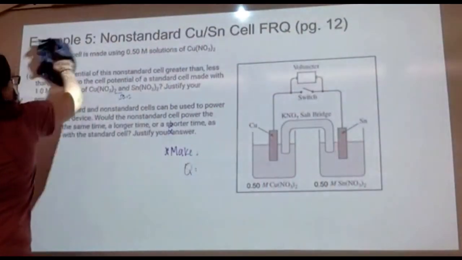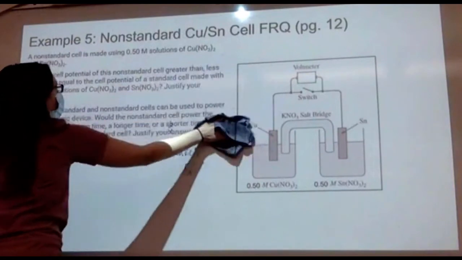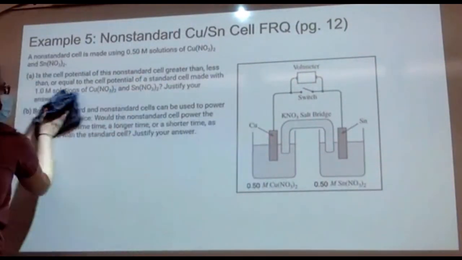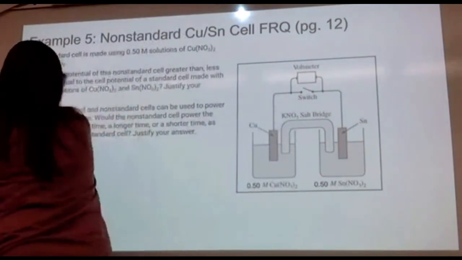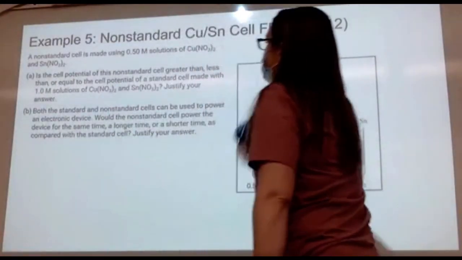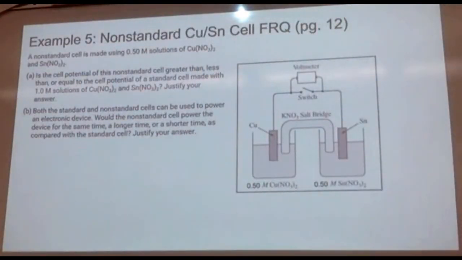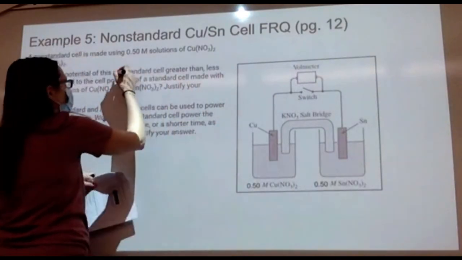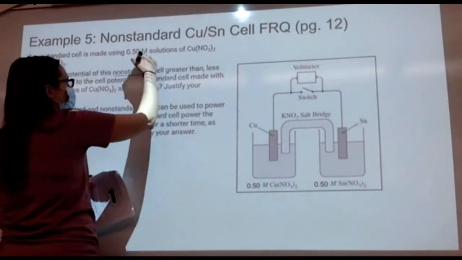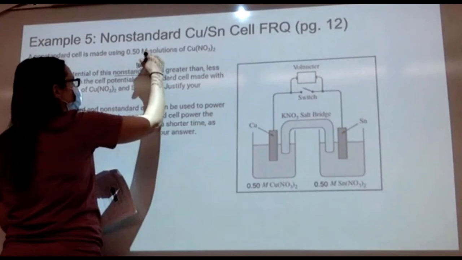A non-standard cell is made using 0.5 molar solutions of copper nitrate and tin(II) nitrate. Is the cell potential of this non-standard cell greater than, less than, or equal to the cell potential of a standard cell made with 1 molar solutions? So again, non-standard, you're making a change, look at Q.